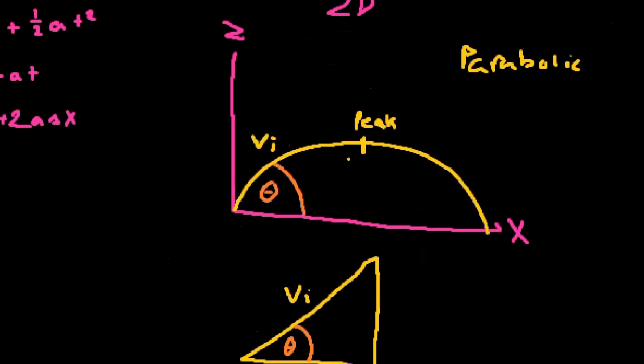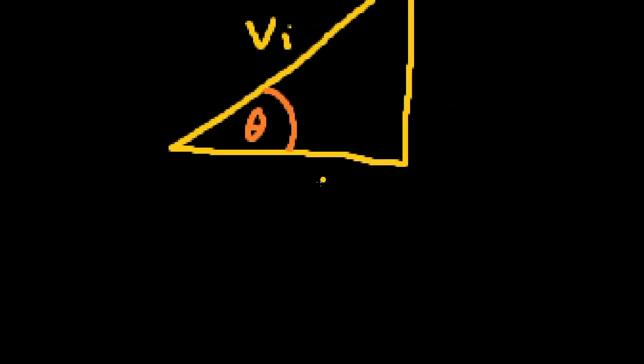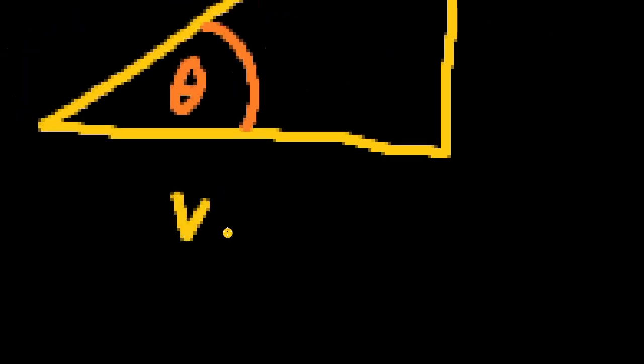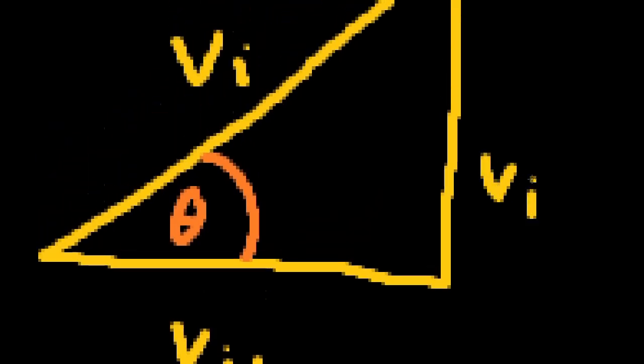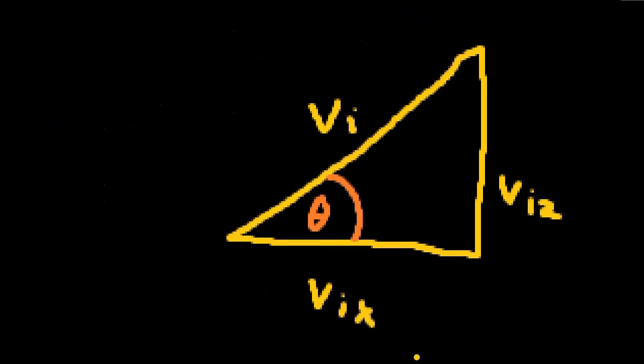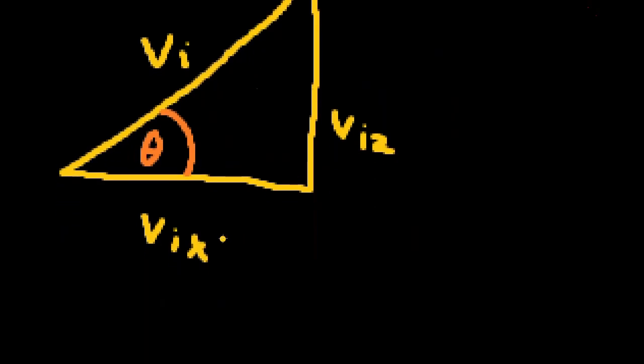This is important because it allows us to find the components of VI, VIX and VIZ, simply by using trigonometry. To find VIX, we simply multiply the magnitude by the cosine of theta.